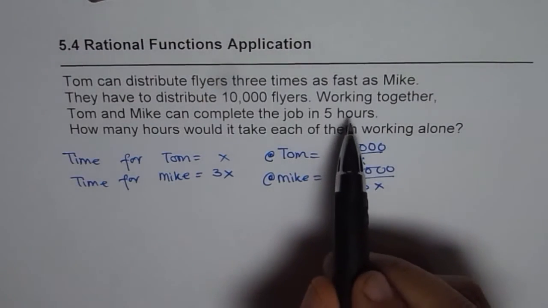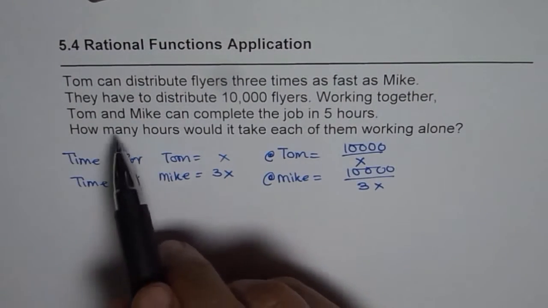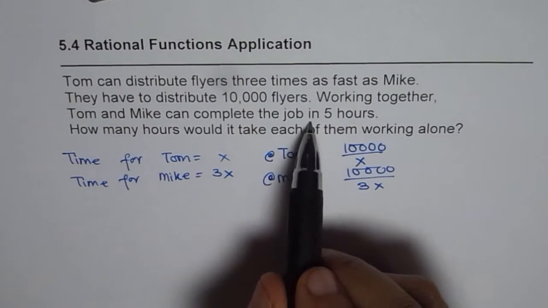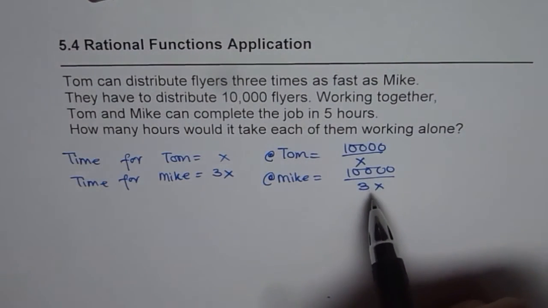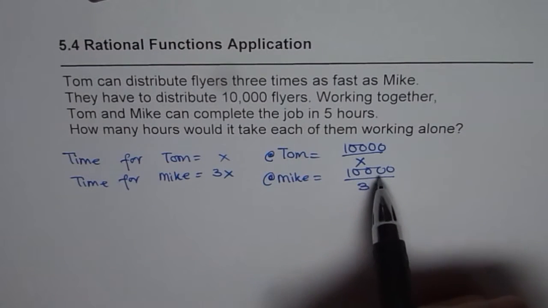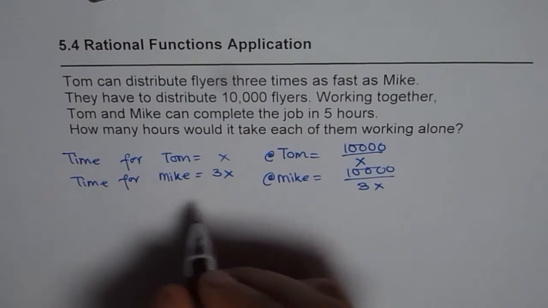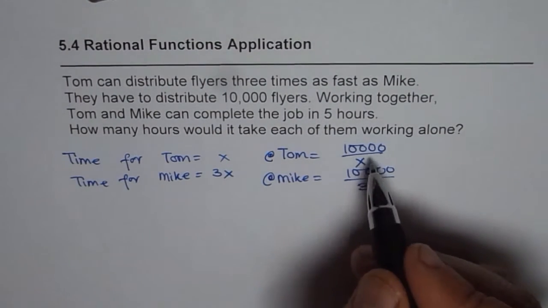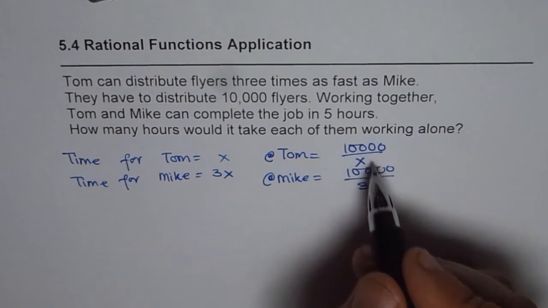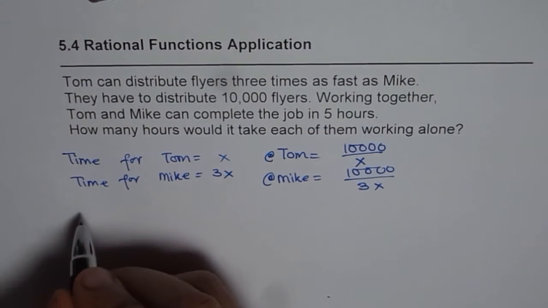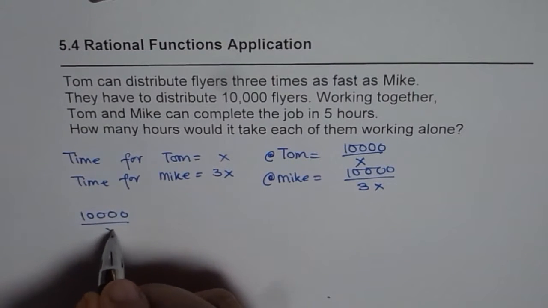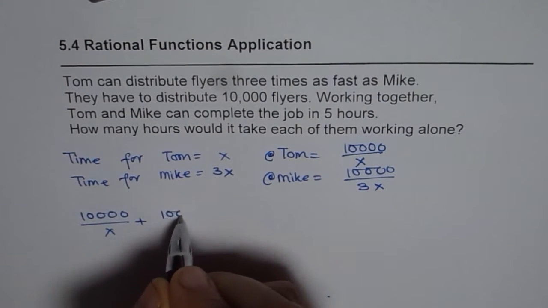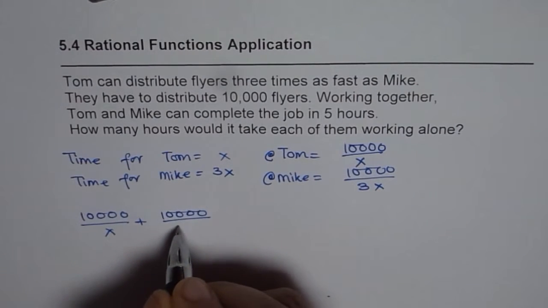Now we are given that working together, Tom and Mike can complete the job in 5 hours. So working together, the job is distributing 10,000 flyers. If I say together they work, their individual rates get combined, right? So what we get is 10,000 over x plus 10,000 over 3x.